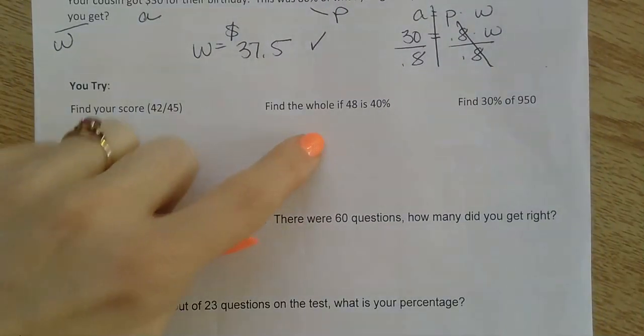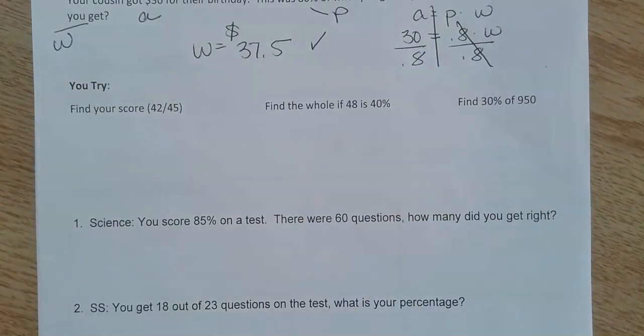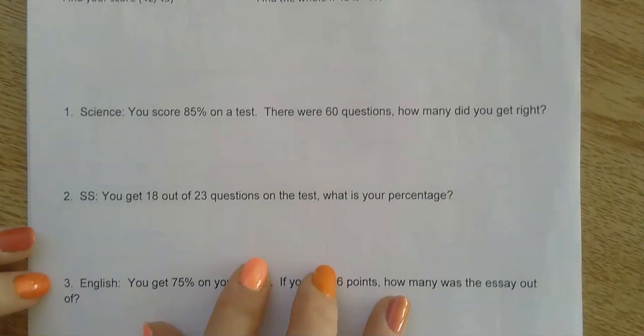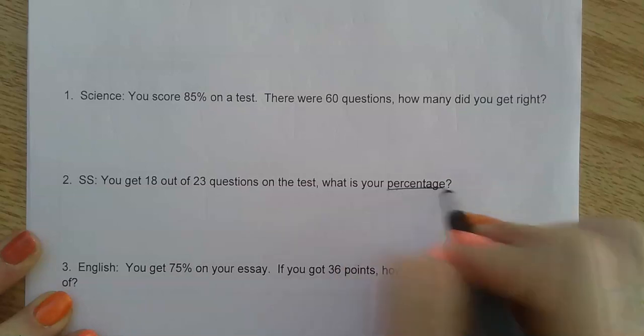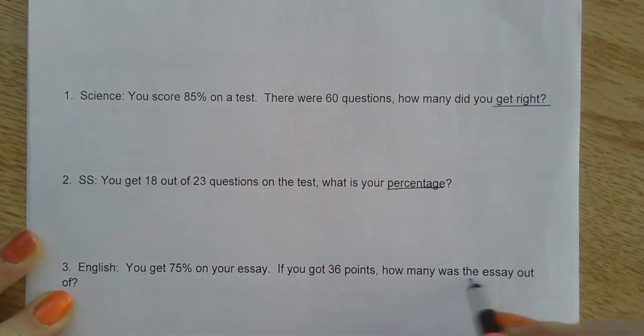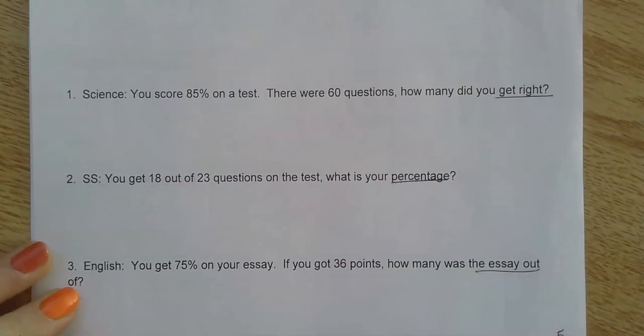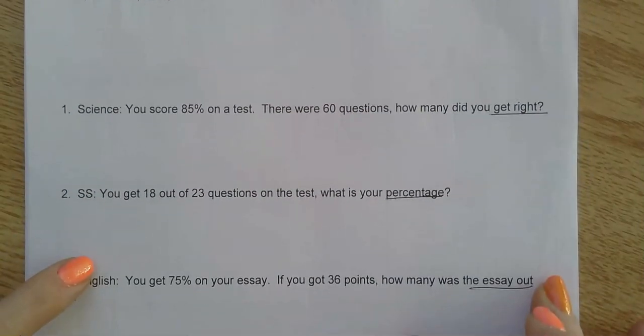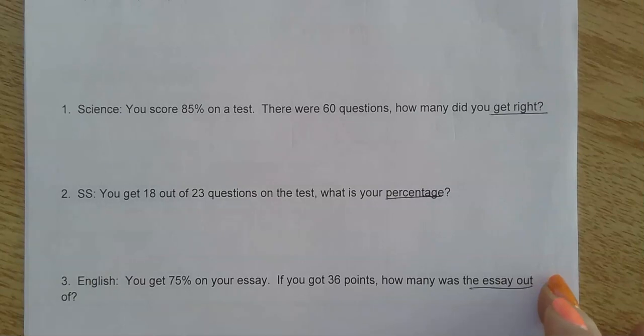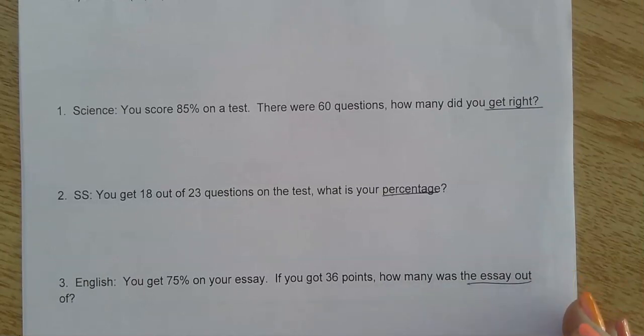Okay, there are 6 questions here. Some are simple, just basic APW ones. And then I gave you 3 test scores and asked you to find your percentage, how many did you get right, and how many points was it out of. So again, there's 1 of each here, 1 of each type here, A, P, and W. I want you to pause and try all 6 of these with the equation.